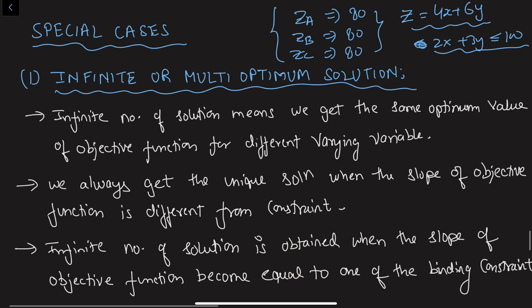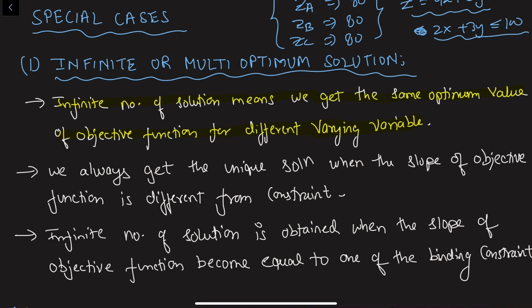So infinite number of solutions means we get the same optimum value of the objective function for different varying variables. You have different x and y, but you are getting the same z value. That is the case of infinite solutions.